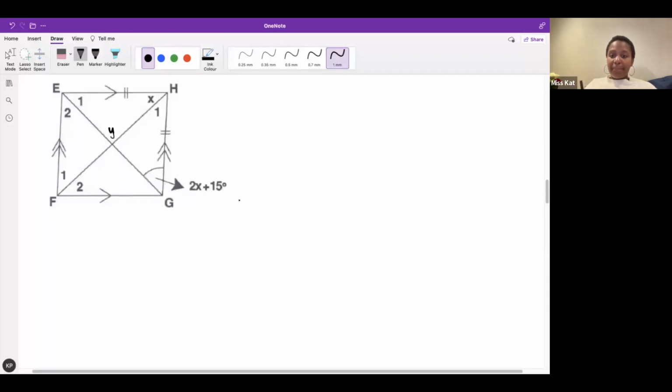Okay, guys, what is the main difference between a square and a rhombus? Let's think about it. A square has 90-degree angles at the corners. We don't know if this is 90 degrees.